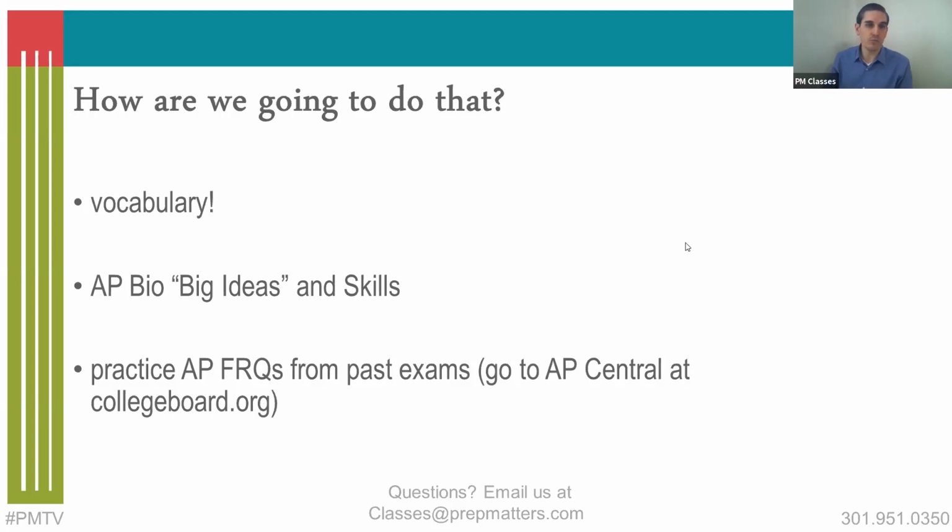These all mean something in particular, and so we're going to talk about how we actually work through those as well. The manner in which these units connect: AP Bio, just like every other AP course in the College Board, has these big ideas. Those big ideas are evolution, energetics, systems interactions, and the storage and transmission of information.